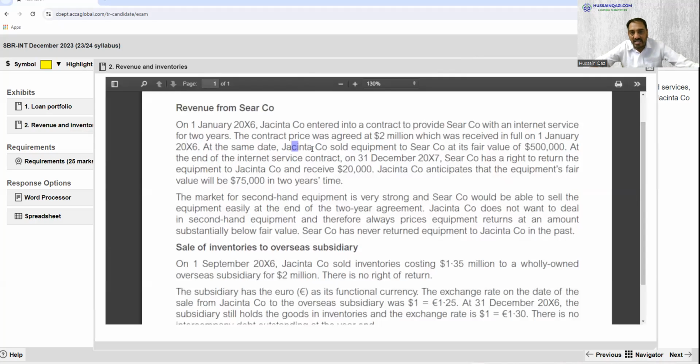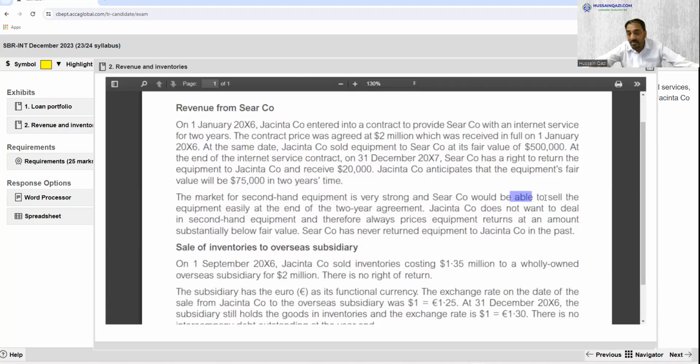At the same date, Jacinta sold equipment to Share company at its fair value of $500,000. At the end of the internet service contract, 31st December X7, Share company has a right to return the equipment to Jacinta and receive $20,000. Jacinta anticipates that the equipment fair value will be $75,000 in 2 years' time. The market value of the second-hand equipment is very strong.